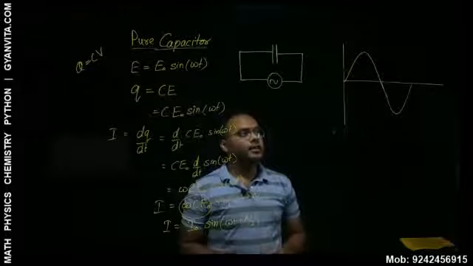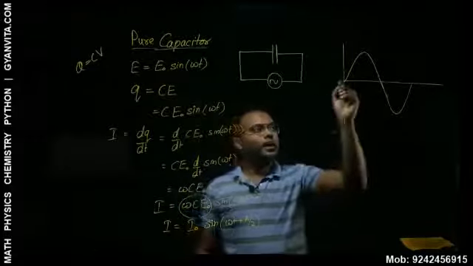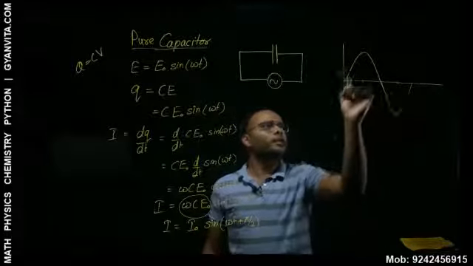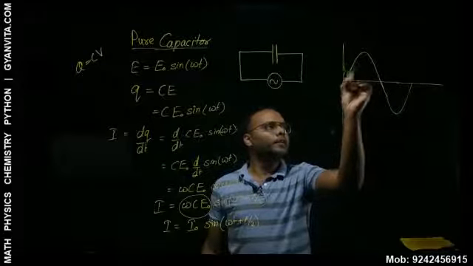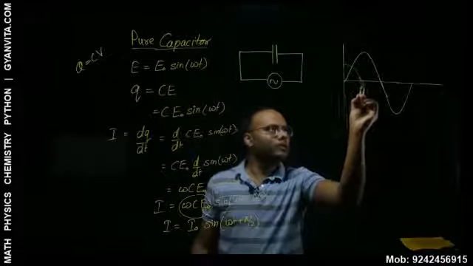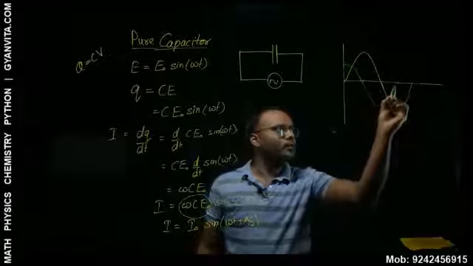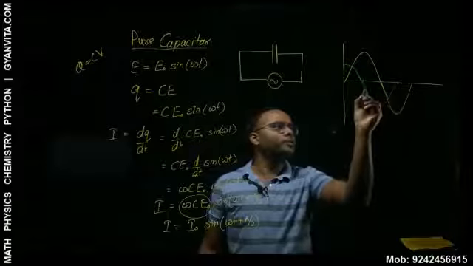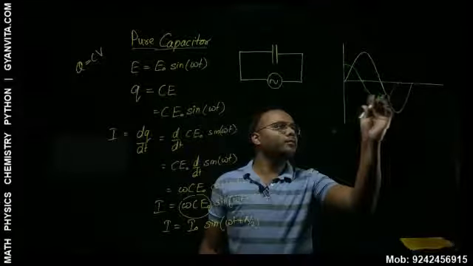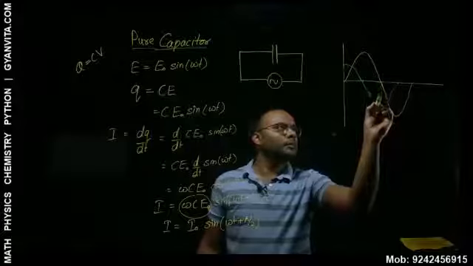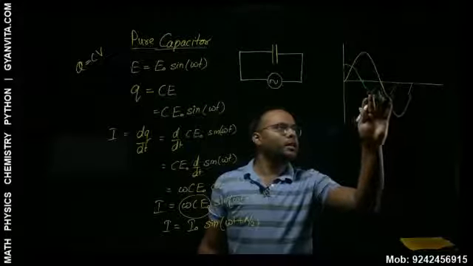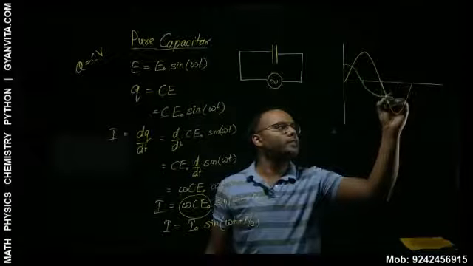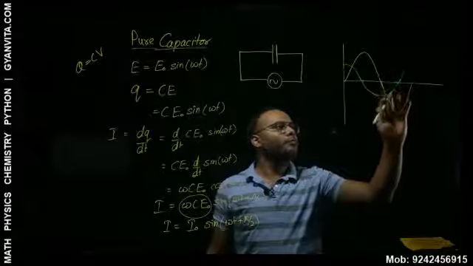That means current will be in the phase of pi by 2 here. So here it will be 0, the current. If this is the maximum value, wherever EMF is 0, the current will be at its maximum or minimum value, that is negative or positive peak.